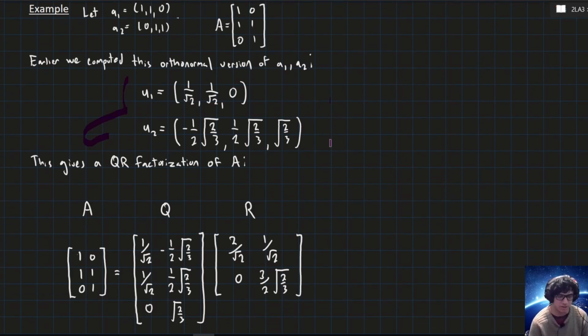And then that means that we get a QR factorization of A like this: A equals QR, where we just set Q to have these columns, and R, where these are the appropriate dot products. And notice it is upper triangular.